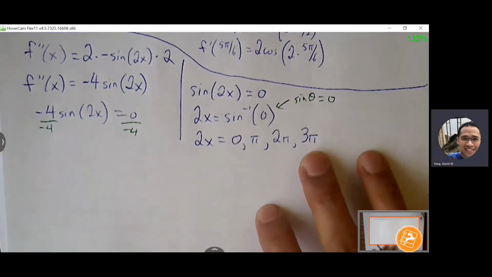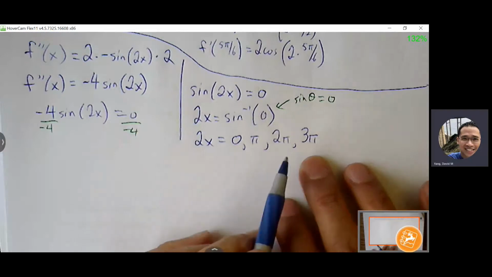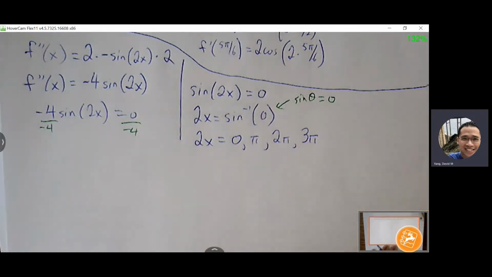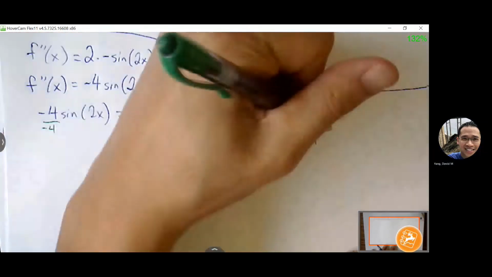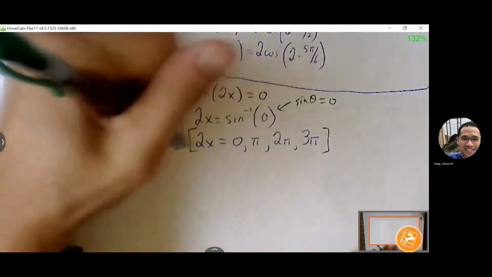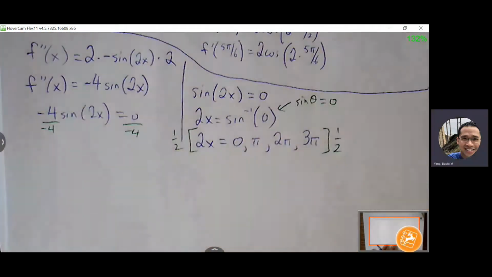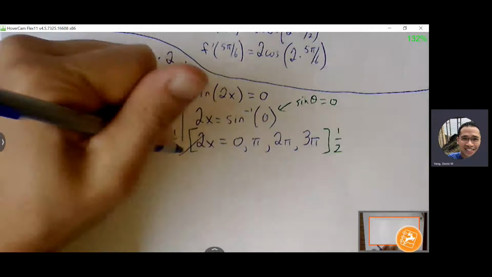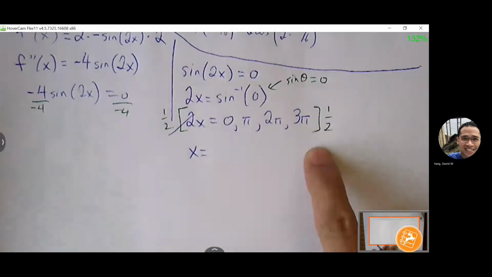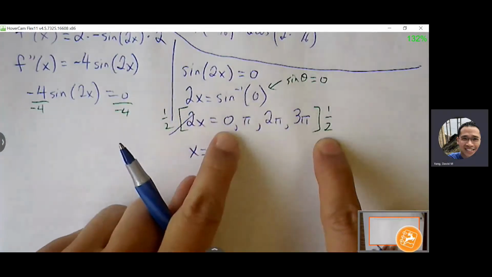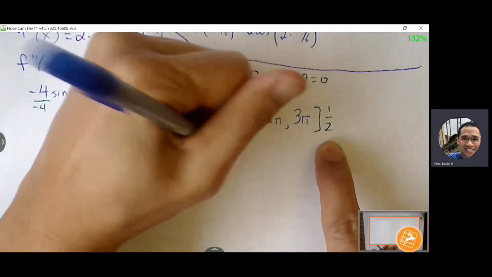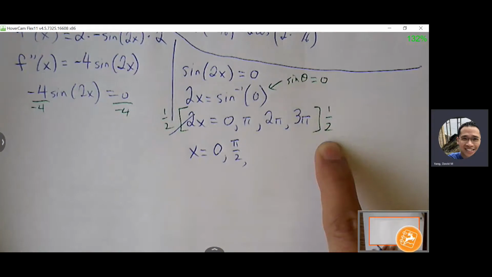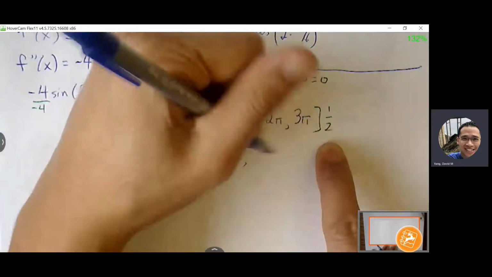Okay. I'm going out a little further because I'm expecting these values to shrink and potentially shrink into our interval. So divided by 2, same thing as multiplying by 1/2. One half and 2 cancels out. Okay. 0 over 2 is just 0. Pi over 2. 2 pi over 2 is just pi.